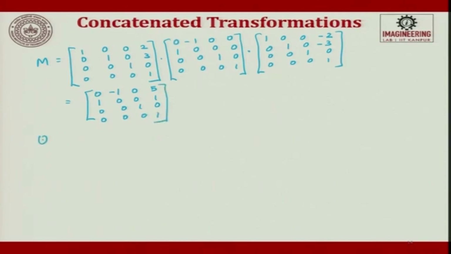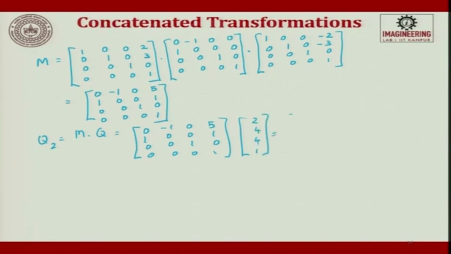Okay. So, now when we try to do Q star is nothing but M into Q, which is nothing but M 0 minus 1 0 5 1 0 0 1 0 0 1 0 0 0 0 1 multiplied by Q. Q is nothing but 2 4 4 1. So, we try to get a new point as 1 3 4 1.